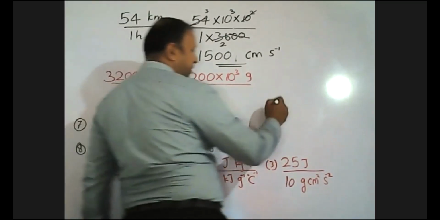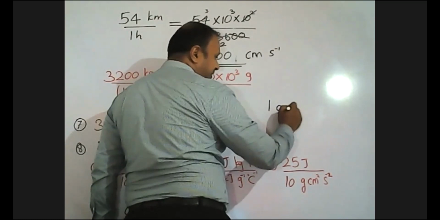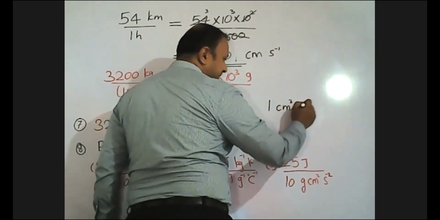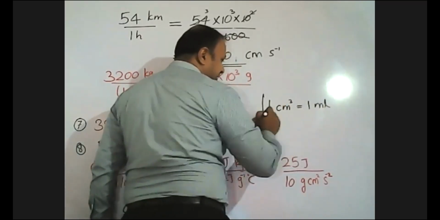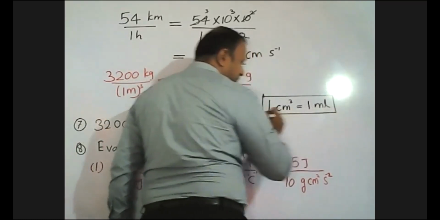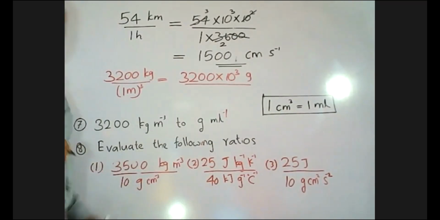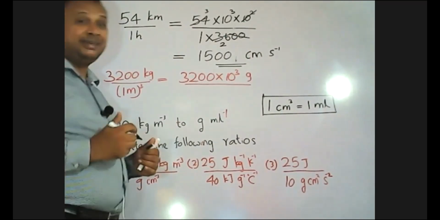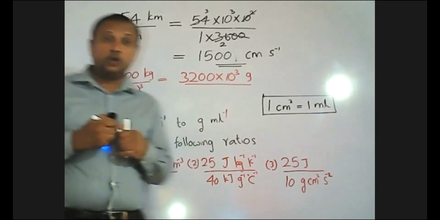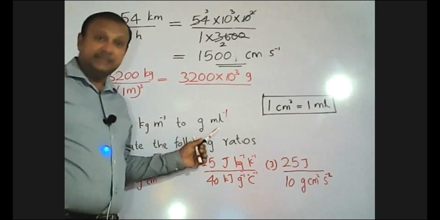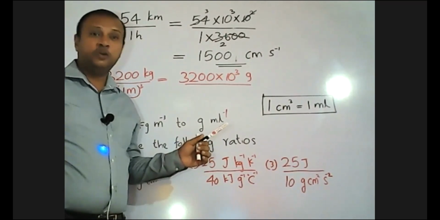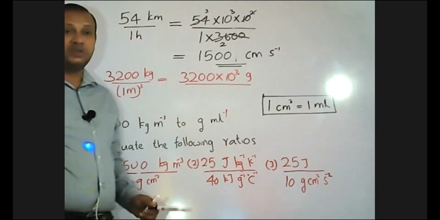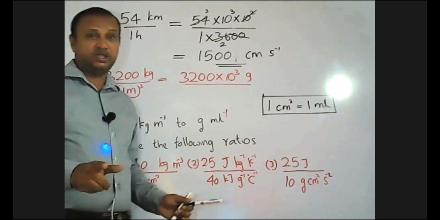1 cubic centimeter is equal to 1 milliliter. You have to remember this. So milliliter is equal to cubic centimeter, and you can use that conversion.